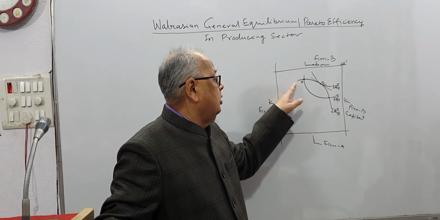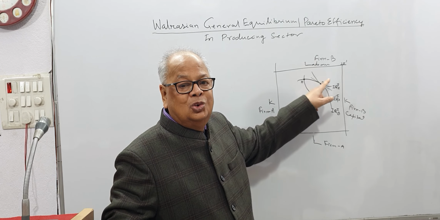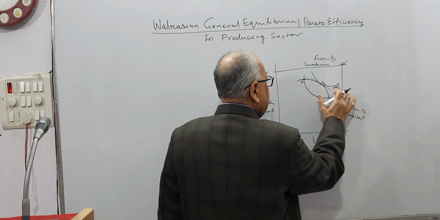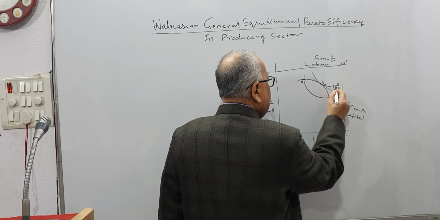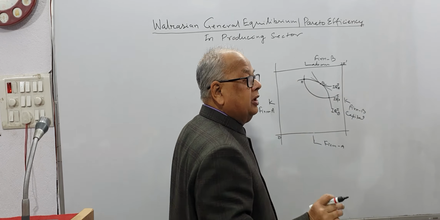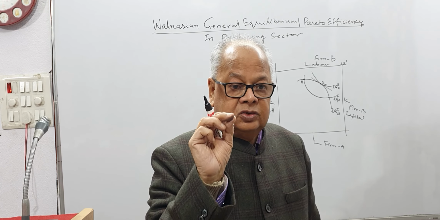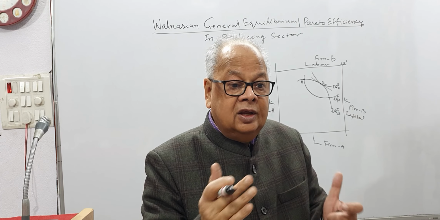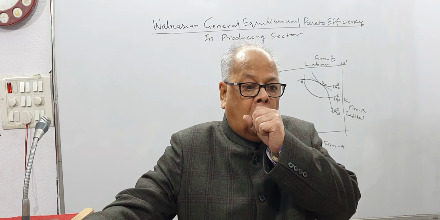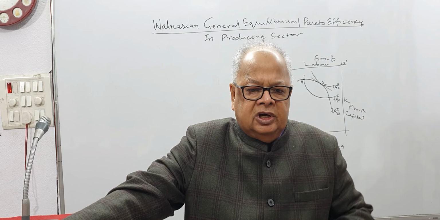Firm A will fall from 2 to 1, from a higher isoquant to a lower isoquant. Most important factor, just concentrate. That is why this is called optimal. Why is it called the most efficient condition?